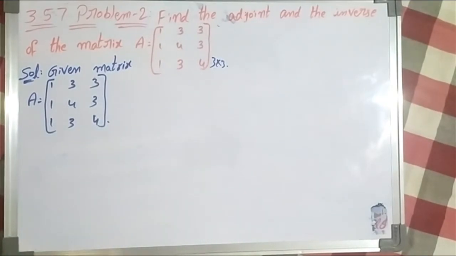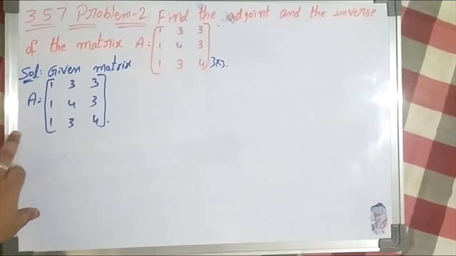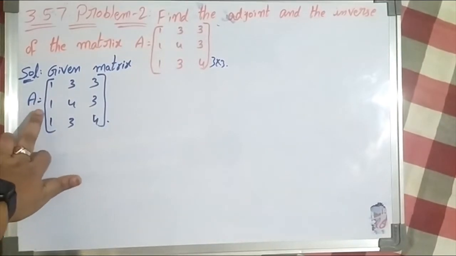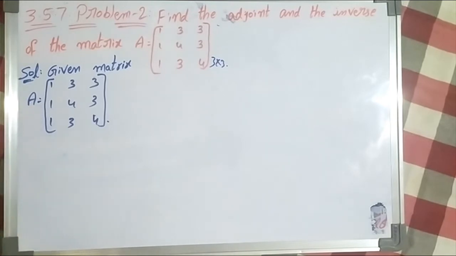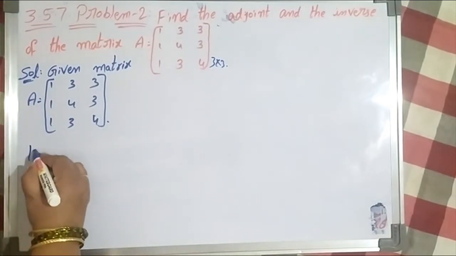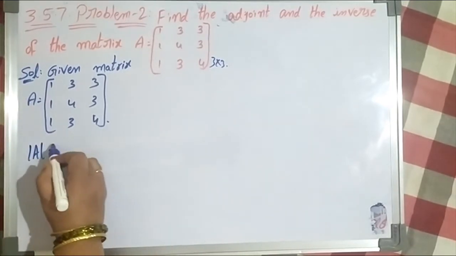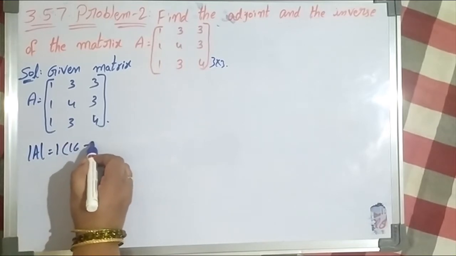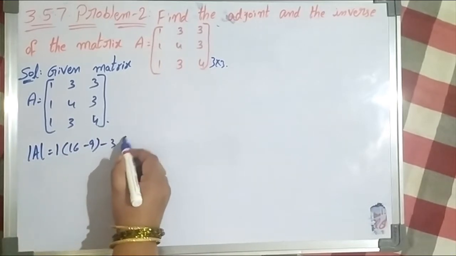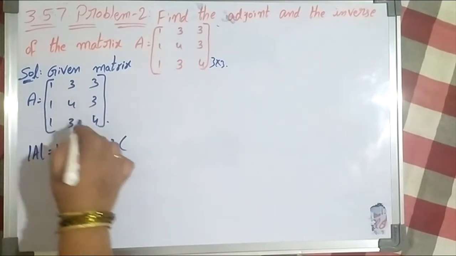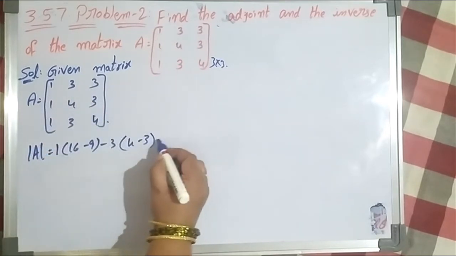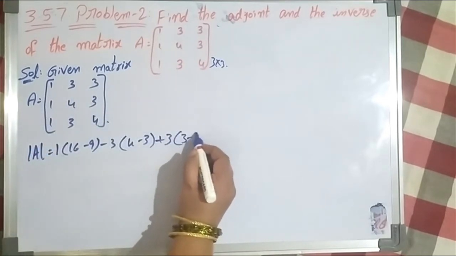First, we have to find whether the given matrix is singular or non-singular. We have to find the determinant of A. Then det A equals 1 into (16 minus 9) minus 3 into (4 minus 3) plus 3 into (3 minus 4).